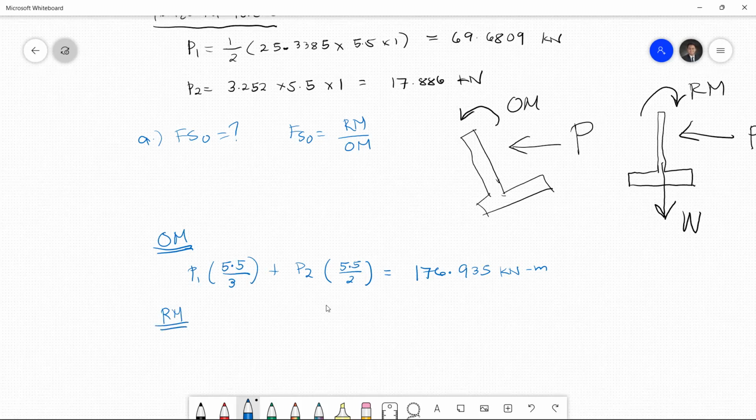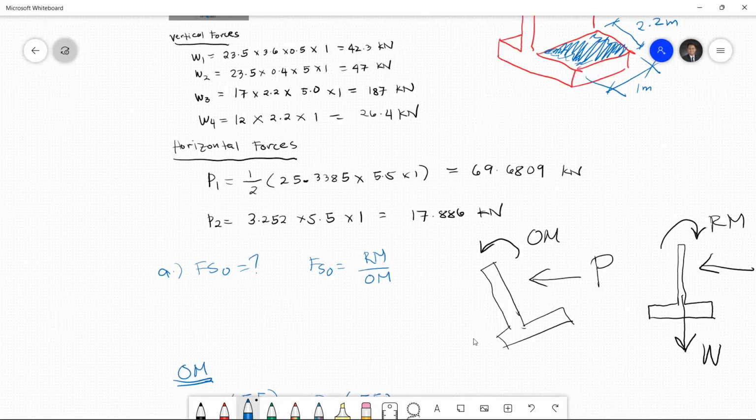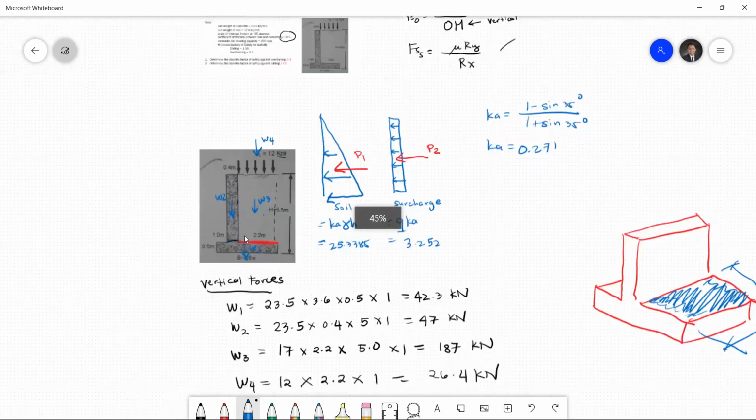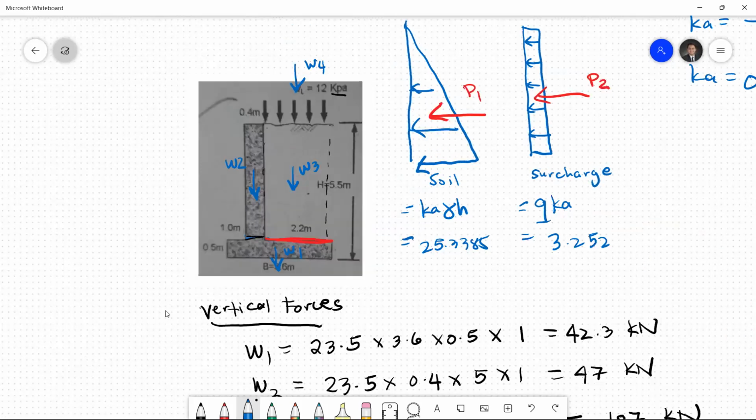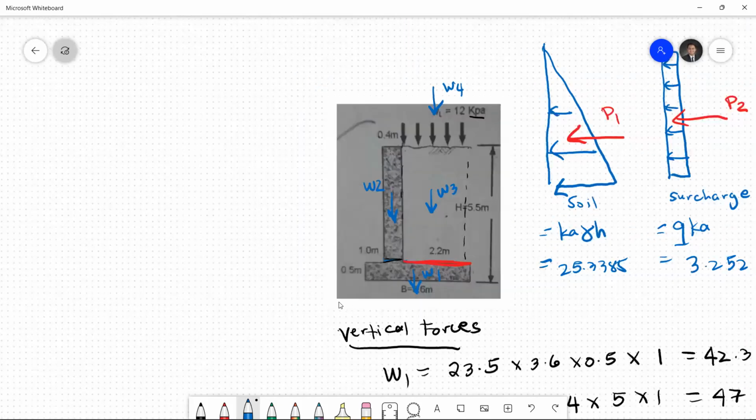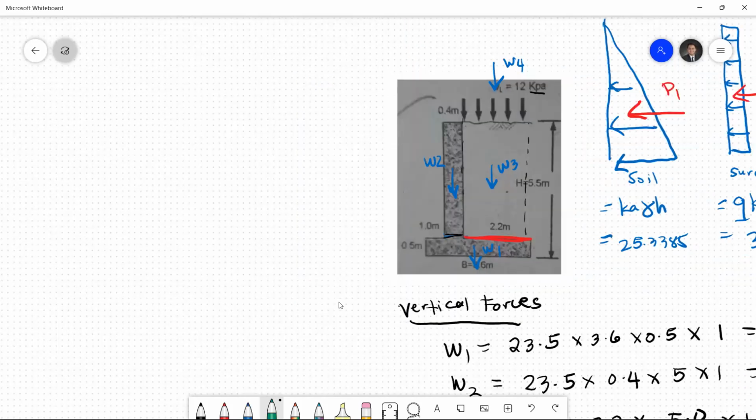Okay, then for the righting moment, basically we take the moment at the toe for all the weights. So the distance of W1 is 1.8. Kita ba? Okay, kita. Okay.